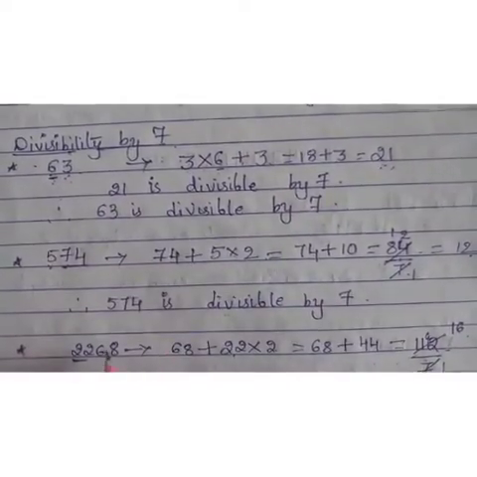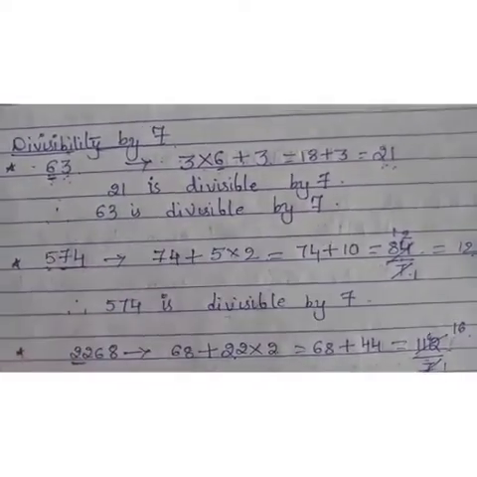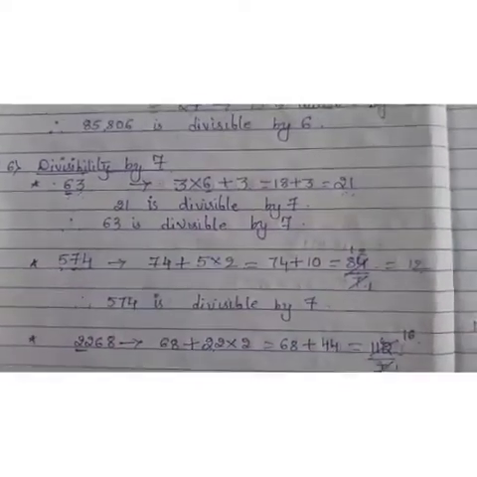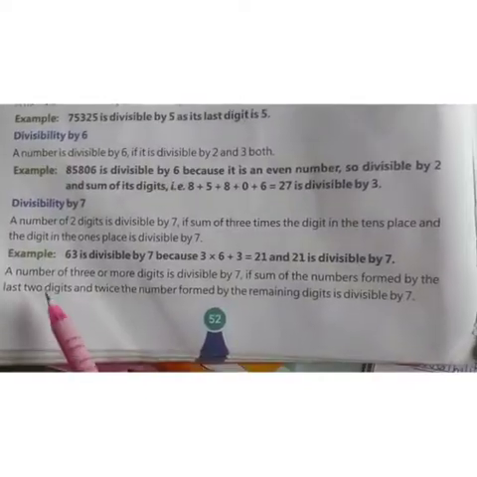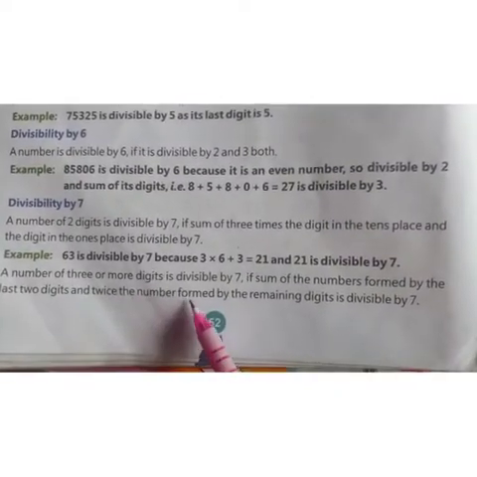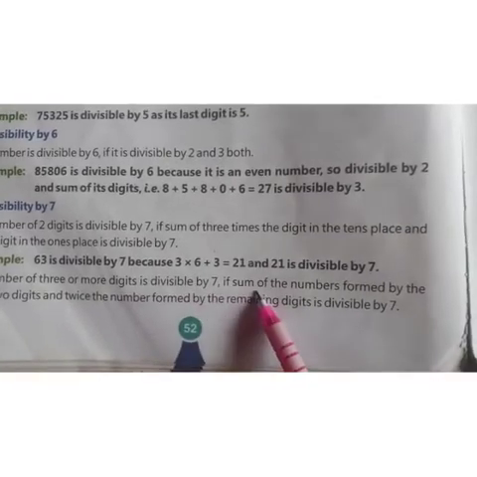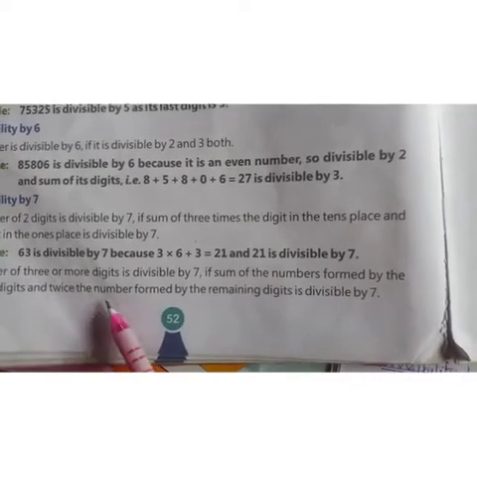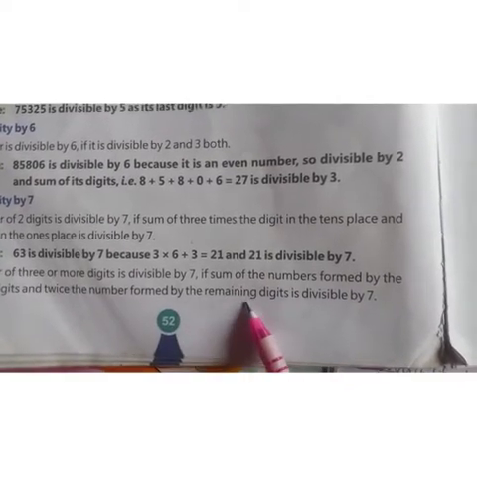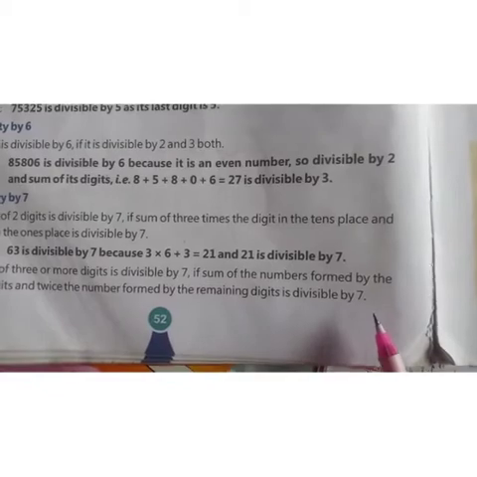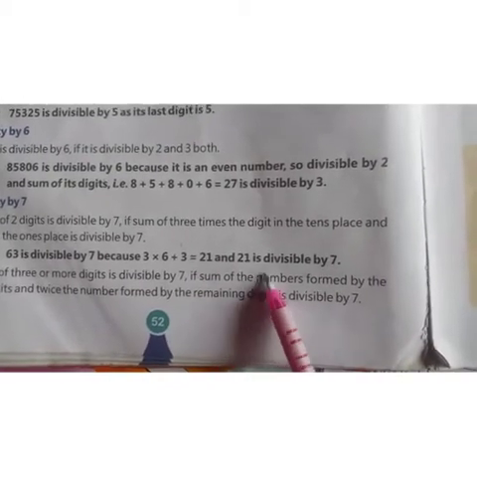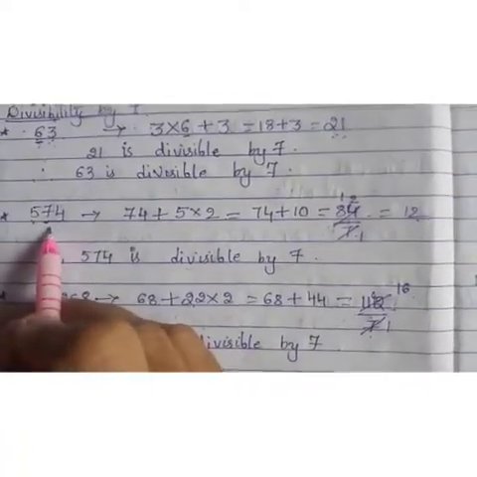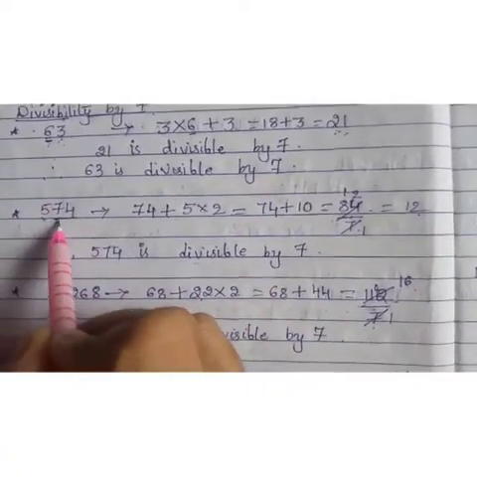This is for a 2 digit number. If we take a 3 digit number, what is the rule here? A number of 3 or more digits is divisible by 7 if the sum of the number formed by the last 2 digits and twice the number formed by the remaining digits is divisible by 7. Let me make you understand this statement with the help of an example. First let us start with a 3 digit number. Here it is 574.